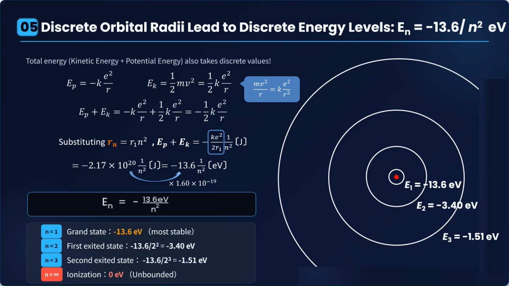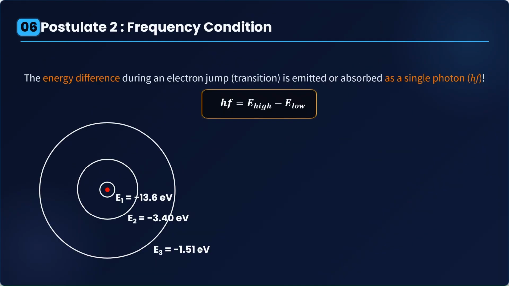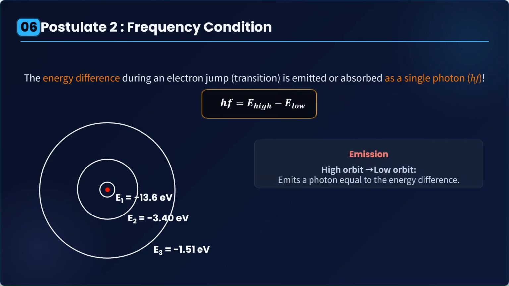All right, here we go. Bohr's second hypothesis is the frequency condition. It tells us that the energy of a photon is exactly equal to the difference between two energy levels. hf equals E high minus E low. When an electron warps, or transitions, from a higher step to a lower step, it releases a single photon carrying the exact energy difference.